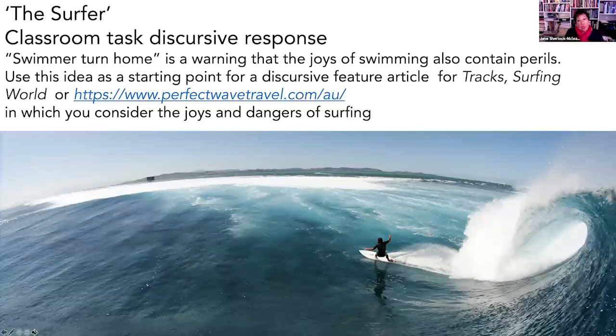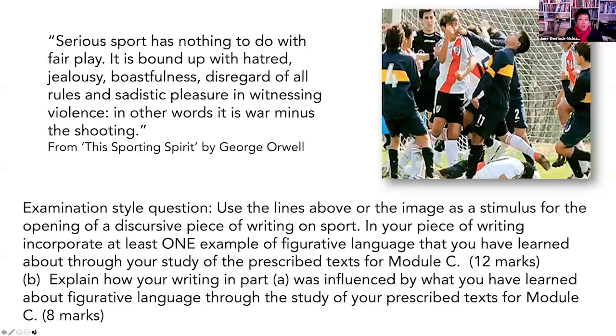So go to that particular site and see the kinds of stories that are being written, and you could use Judith Wright. Have a look at the George Orwell one, because we've been talking about some of the challenges of sport and its violence. It's so much about what George Orwell was writing about. He says serious sport has nothing to do with foul play. It's bound up with hatred and jealousy and boastfulness.